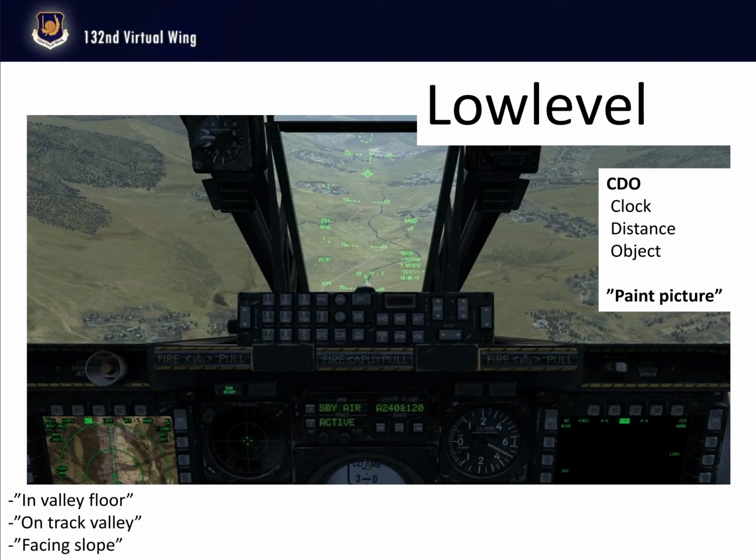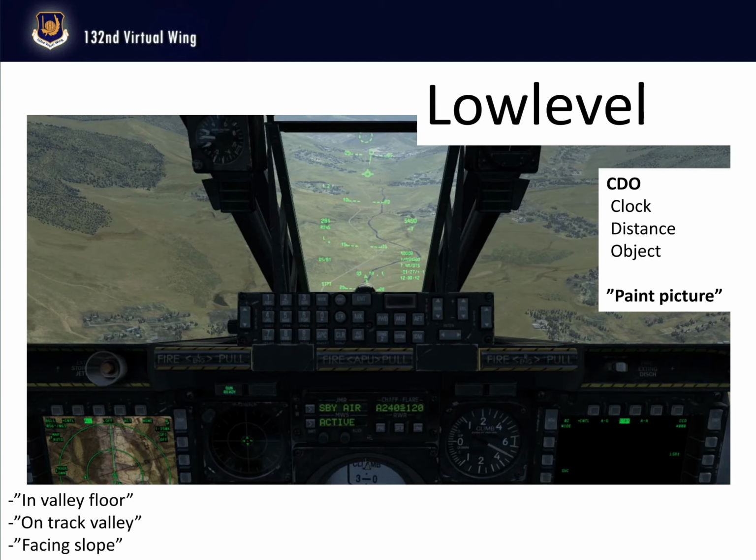So the JTAC will try to imagine what you see from the cockpit and will say, okay, from the gray piece on the slope, left 400 meters to the target. So you see what he intends. You look left, or 3 o'clock, from that point, an approximate distance that the JTAC tells you.